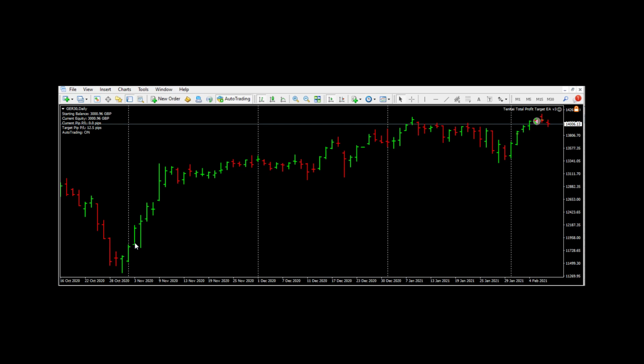One candle here is one whole day, 24 hours. And from this vertical line to this one, that's one whole month. One month, another month, another month. We are now in February, so this is January, December, November.